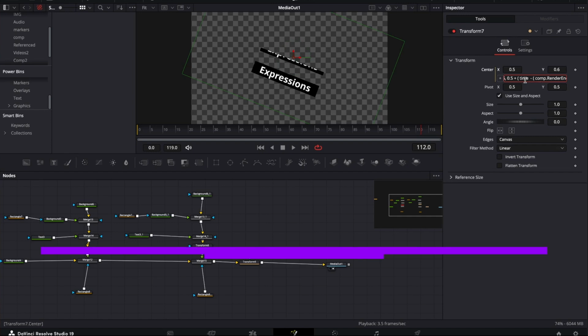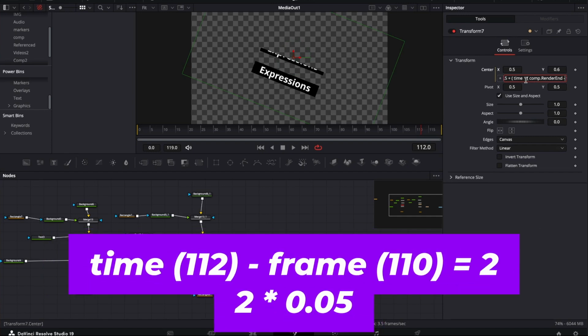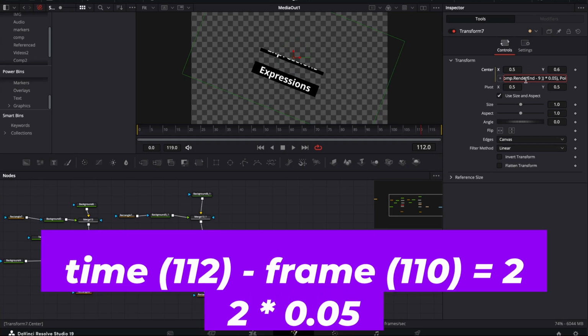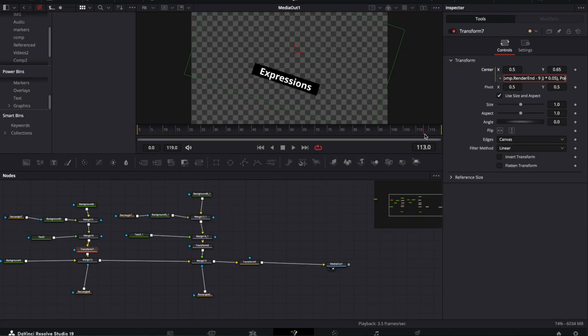Let's say time was 112. This formula means 112 minus 110, which is going to be 2, then 2 multiplied by 0.05 according to these equations. So if time is here, the position is going to be 2 times 0.05. But if time is at, let's say, 113, which is one frame forward, then it's going to be 3 times 0.05.